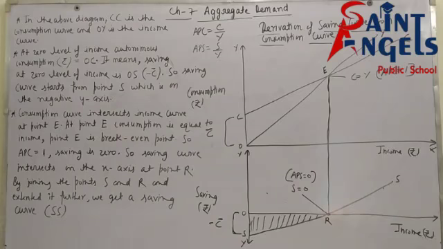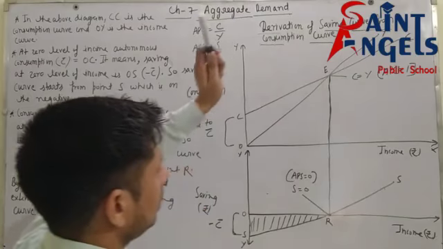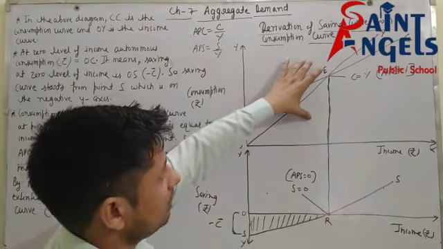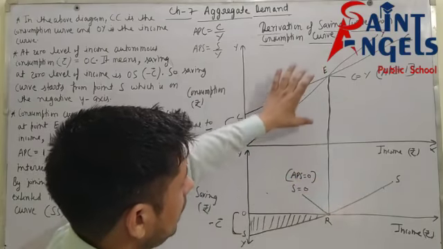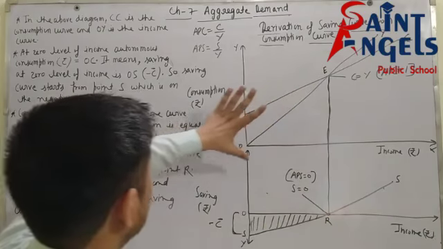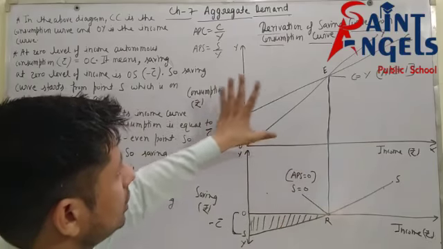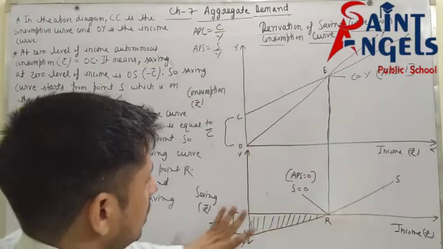I hope all of you have understood the derivation of the saving curve from the consumption curve. First of all, you will show the consumption curve diagram. Then after, you will show the saving curve with the help of this consumption curve diagram. After this, you will explain the derivation of the saving curve from the consumption curve.